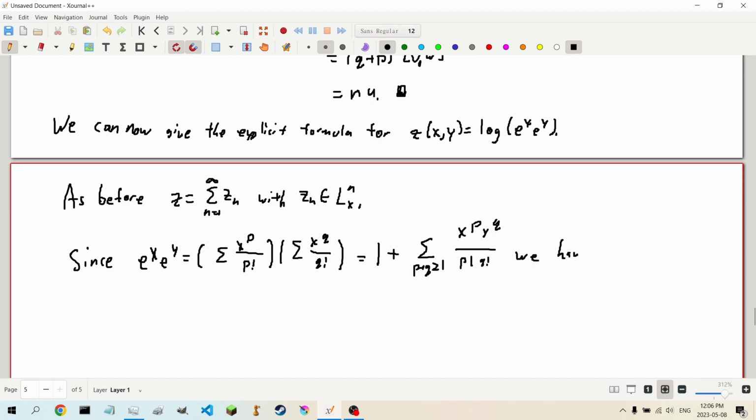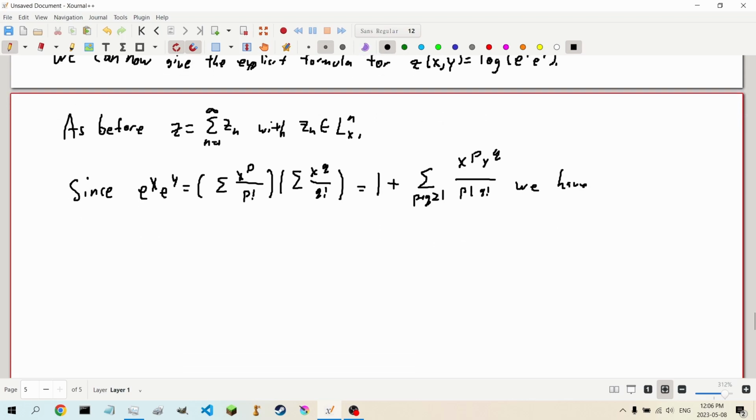We have z is equal to the logarithm, by definition, of e to the x e to the y, which is equal to the sum from m equals 1 to infinity of -1 to the m plus 1.